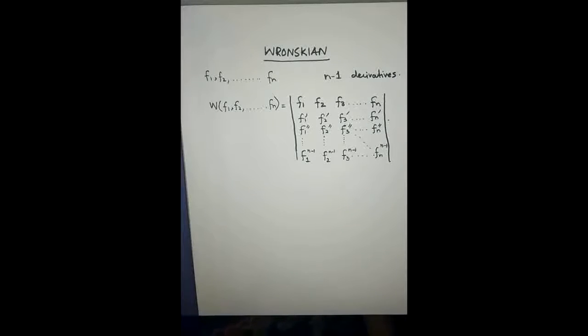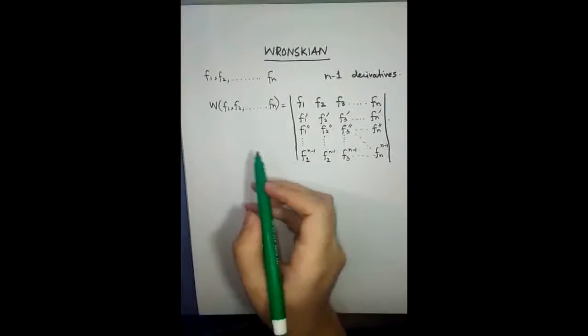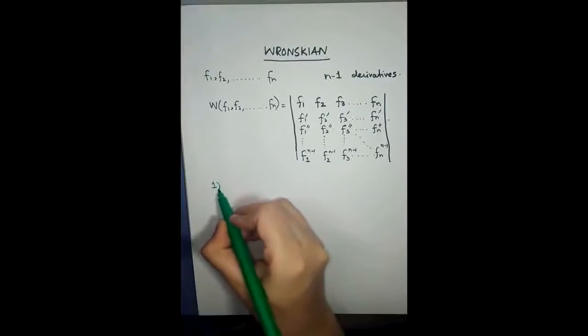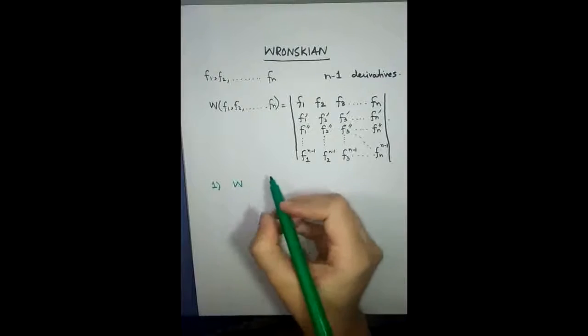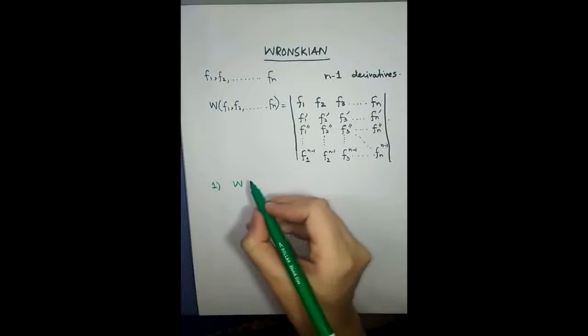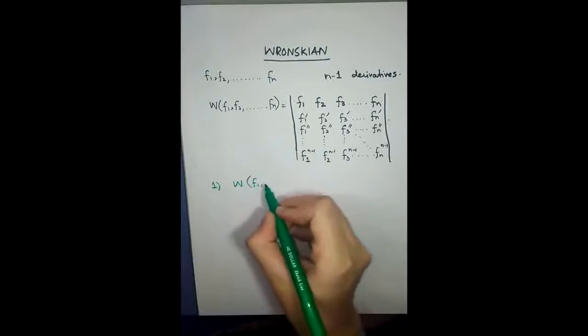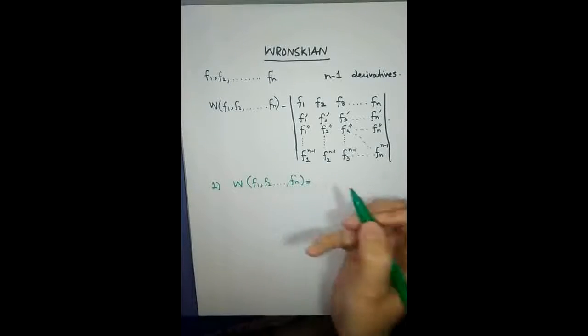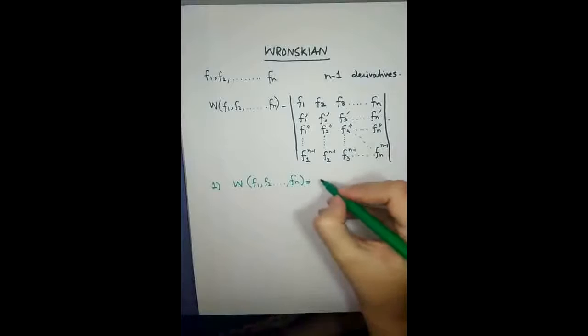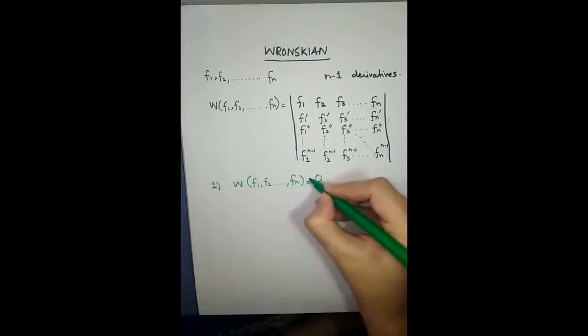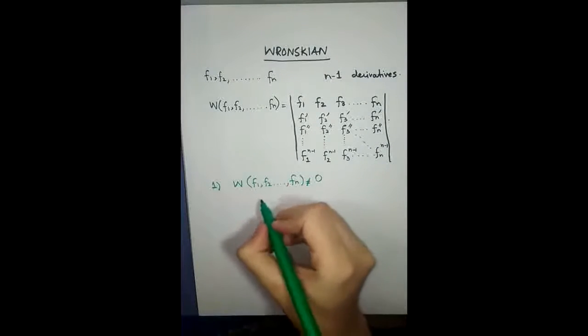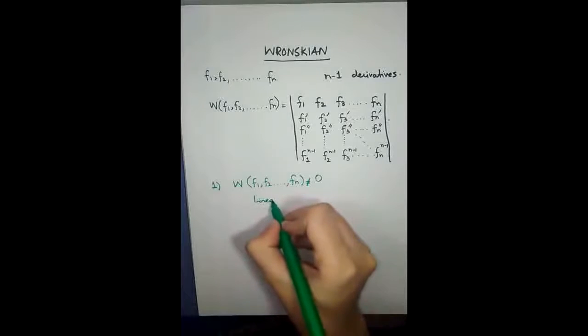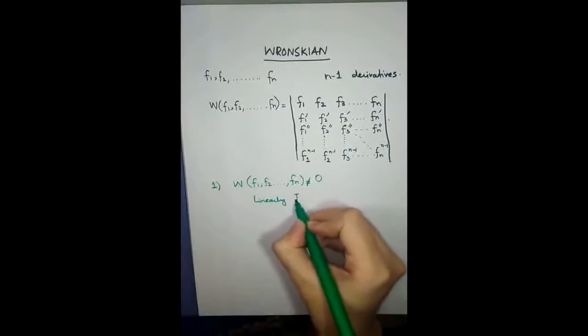So I'm going to tell you, first, if this Wronskian, basically we call it Wronskian. If this Wronskian of all the functions, basically Wronskian means determinant, okay? So if this is not equal to 0, then we say that these functions are linearly independent.